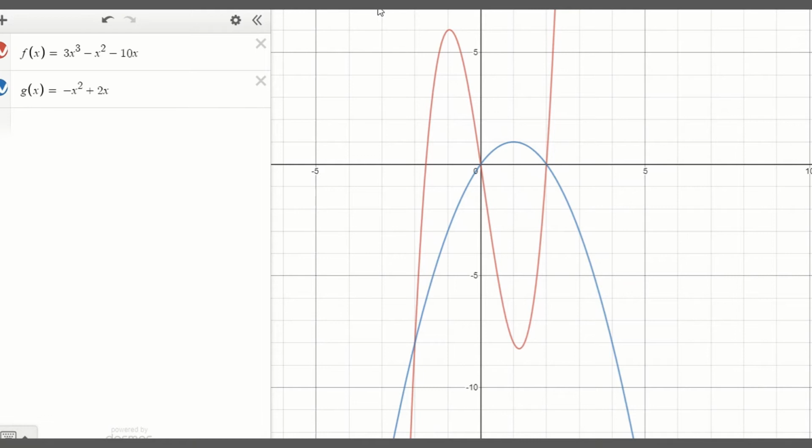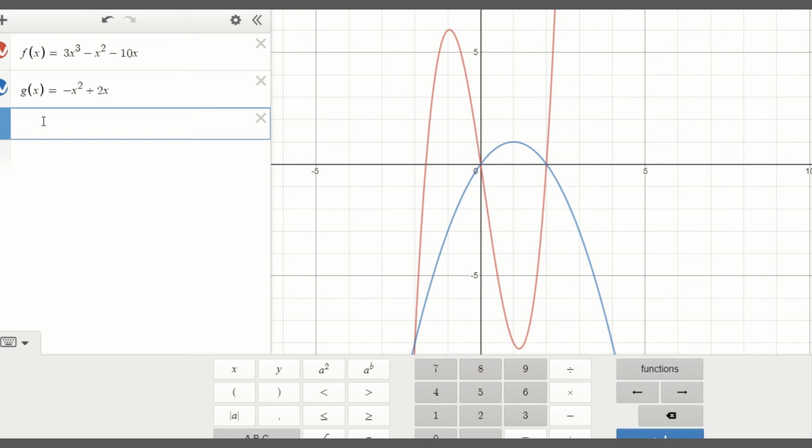So we are splitting into two integrals here. We have to split this whole thing into two integrals, because in one region it becomes positive and in the other region it becomes negative. Between negative 2 to 0, the red one is on top. Between 0 to 2, the blue one is on top.